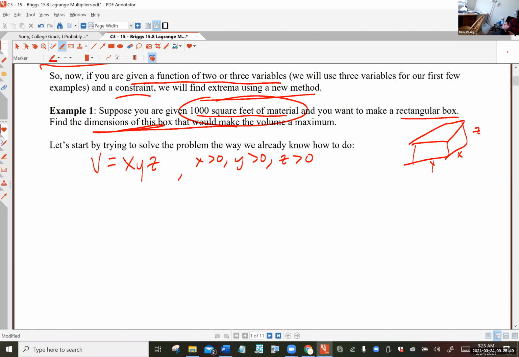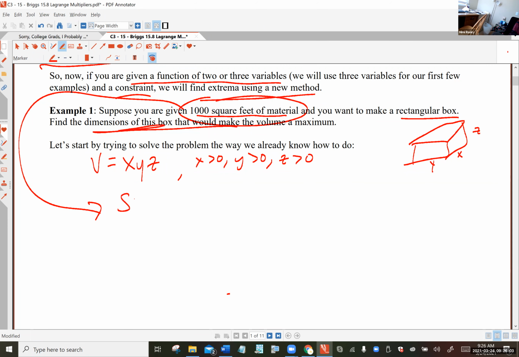Okay, so what of it? Well, because they gave us a constraint, which happens to be square feet, that means that our constraint is surface area. So what is the surface area of a rectangular box? If you use the fact that there's basically 2 of everything here, you're going to have 2xy plus 2yz plus 2xz, and that's constrained.